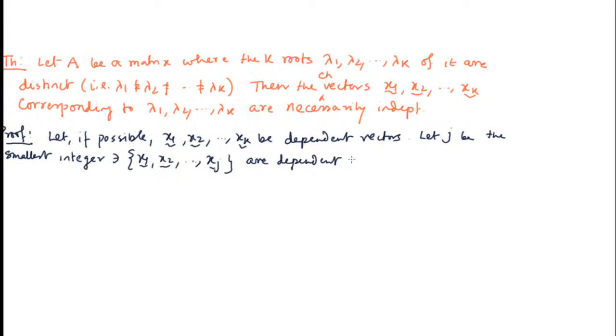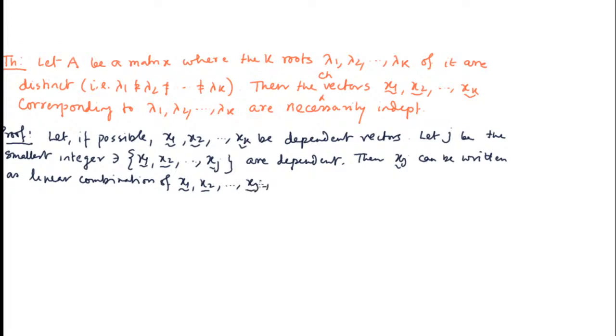This means xj curl can be written as a linear combination of x1, x2, xj minus 1 curl.